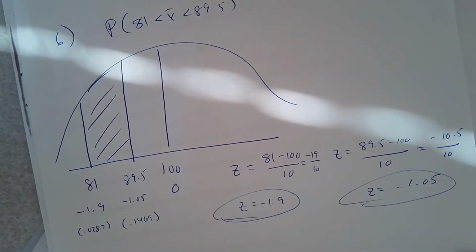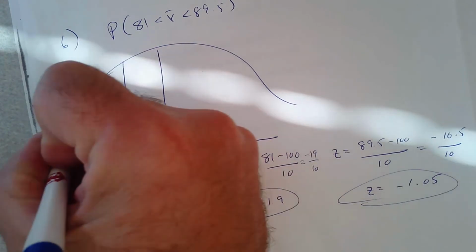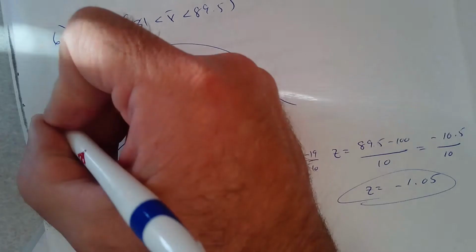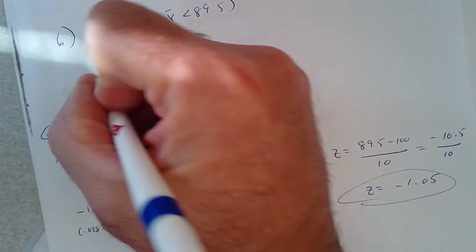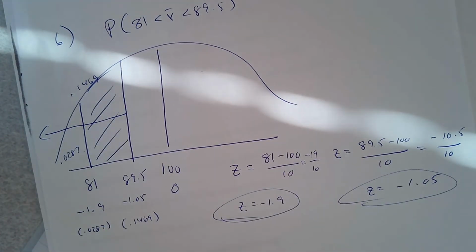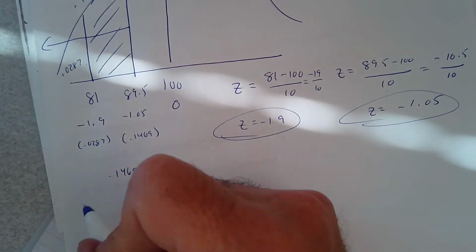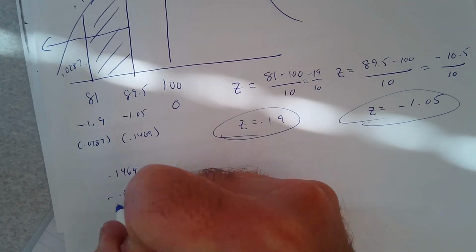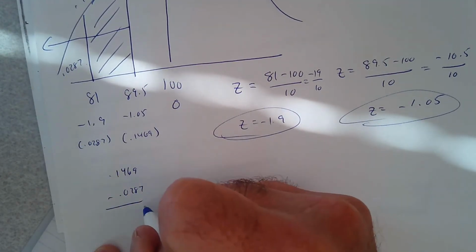So again, from here to there is 0.1469. From here to here is 0.0287. I don't want this part of the probability. I want to know between 81 and 89.5. So therefore, I have to subtract 0.0287 from 0.1469.